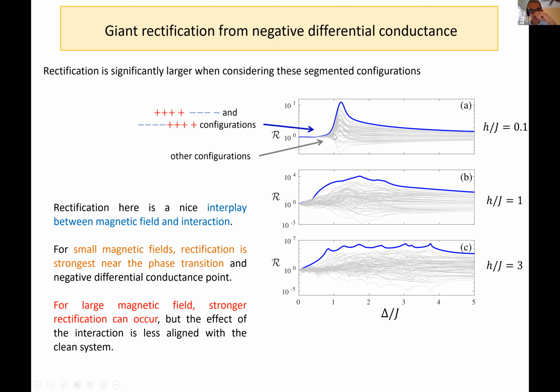So there is some strong signature of the underlying transport properties of the XXZ chain, but because of the presence of the magnetic field it is enhanced, and we have a rectification of 10 for small values of H. Now, as we increase the magnetic field, we can have a very, very strong rectification, and the underlying structure of the clean XXZ chain becomes less important, but we still see these very strong effects.